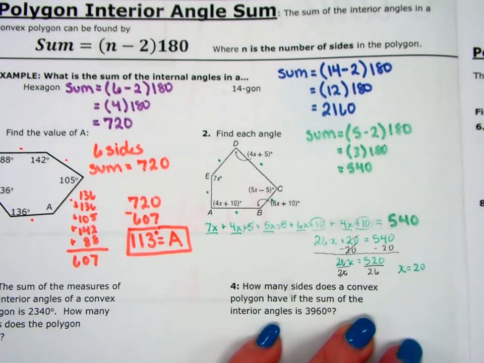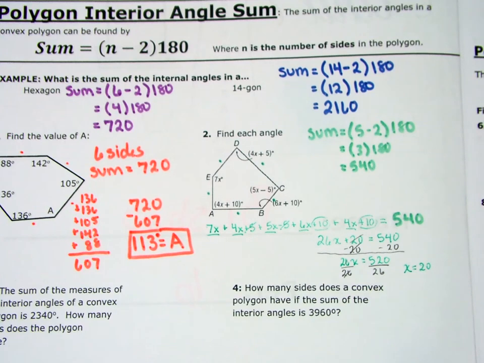You've got to go back. It says to find each angle. So that means I need to put that 20 in for every x.